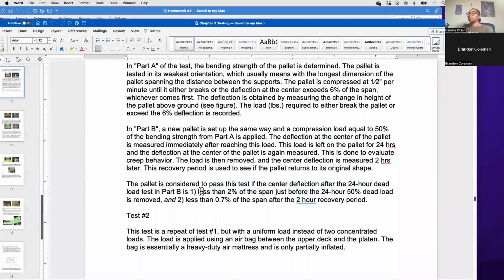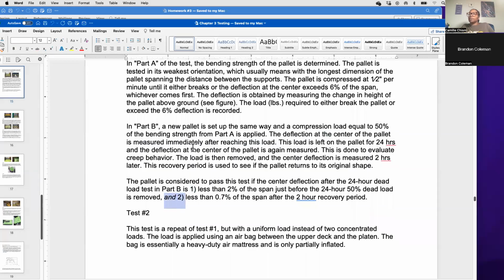If it's less than 2% of the span, just before the 24-hour 50% dead load is removed, and 2, is less than 0.7 of the span after the 2-hour recovery period. So it's considered passing if it meets both of these, number 1 and number 2. So keep that in mind as you look at that question.